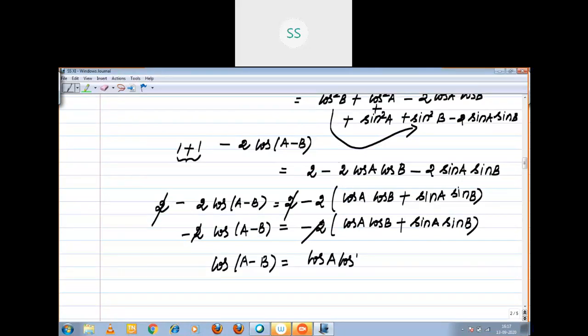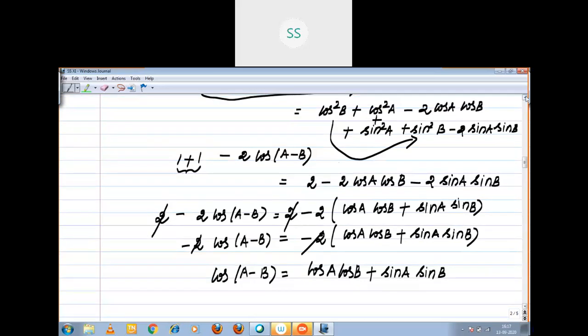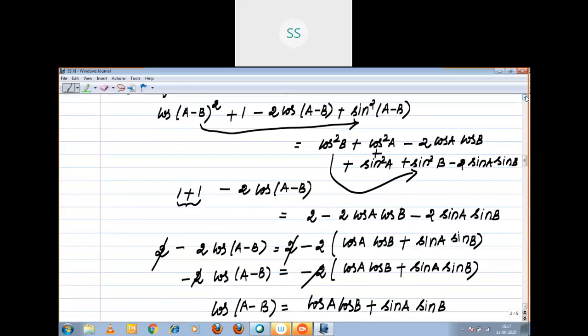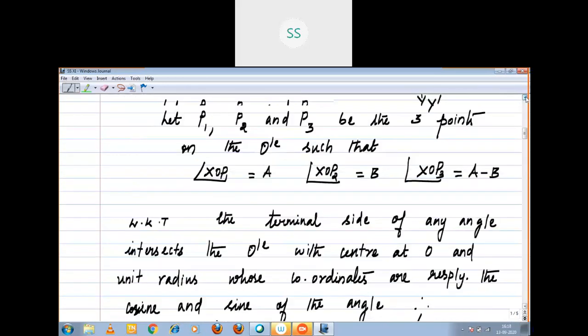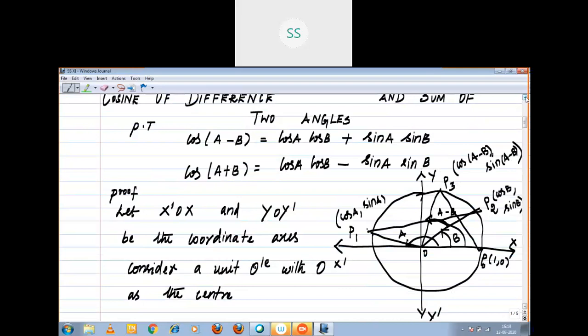Then what is the result you arrive at the end? Children, anyone? See, cos(A minus B) equal to what they are asking to prove, that we prove: cos A cos B plus sin A sin B. Once again I am going to explain. You have to listen carefully, children.